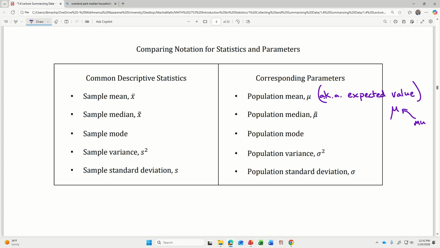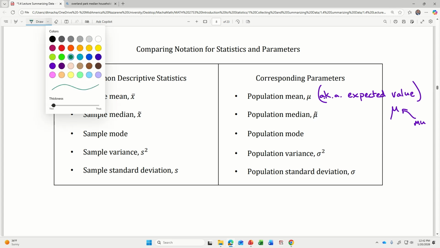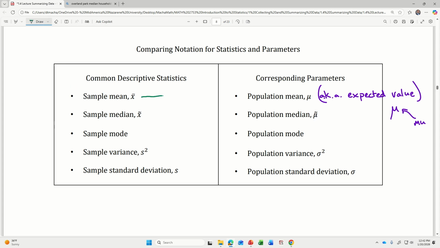The sample mean is the best approximation of the population mean. Because the population mean is a parameter, we almost never know what the parameter is in real life, but we calculate a descriptive statistic to approximate what that parameter would be.